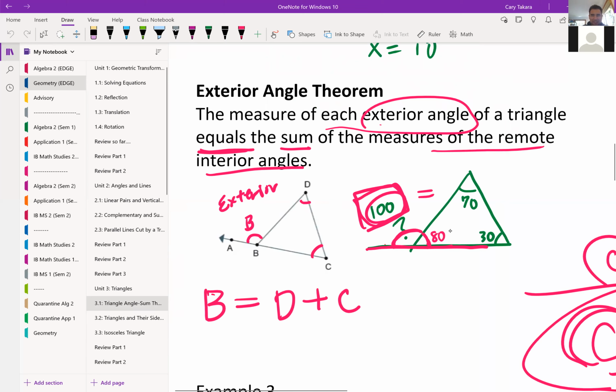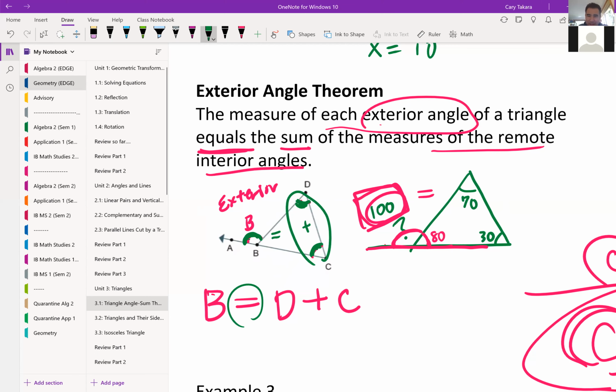Do you guys remember this? Exterior angle, which is this one, B, is equal to D plus C. If you add these remote interior angles of a triangle together, that's going to be equal to this angle. That's called the exterior angle theorem.